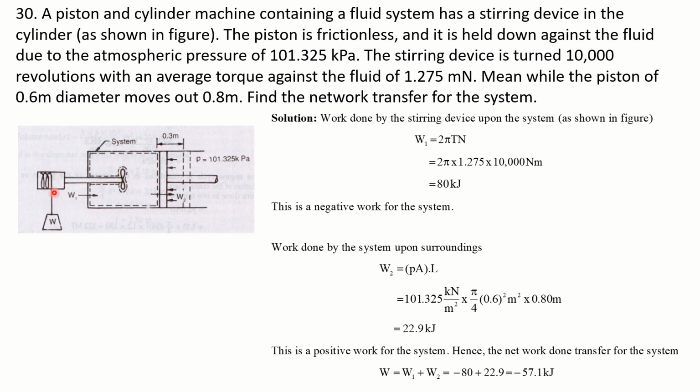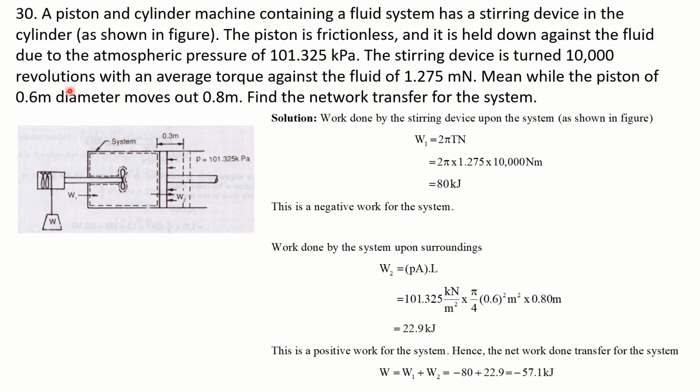So now the thing is, as it moves down, work is done on the system. The piston is frictionless and it is held down against the fluid due to the atmospheric pressure. Atmospheric pressure is acting here, so it is in equilibrium position.